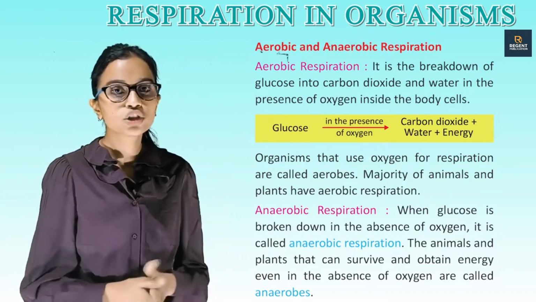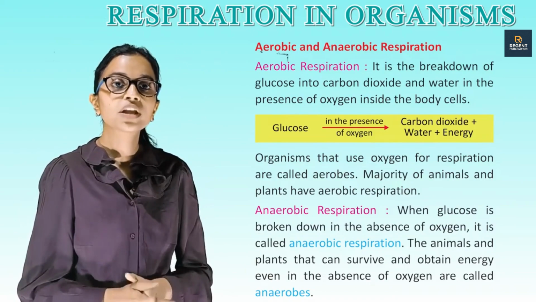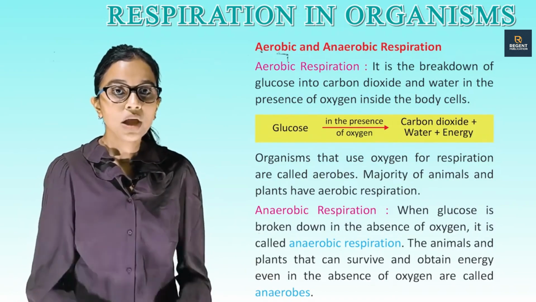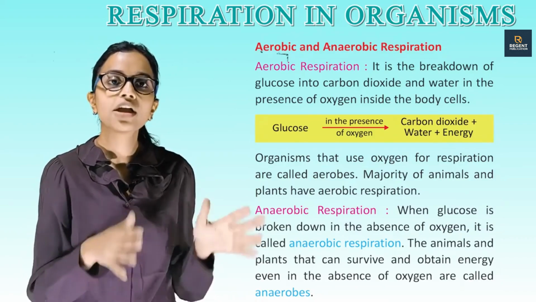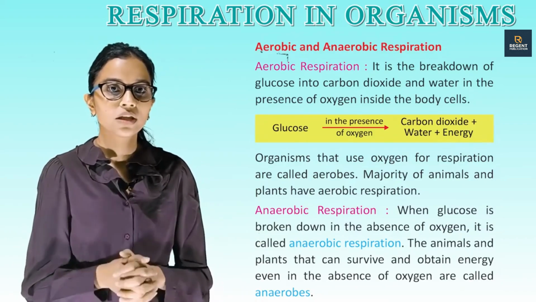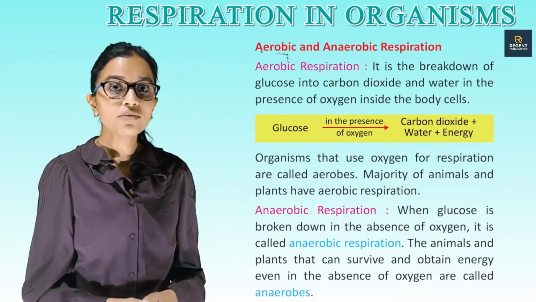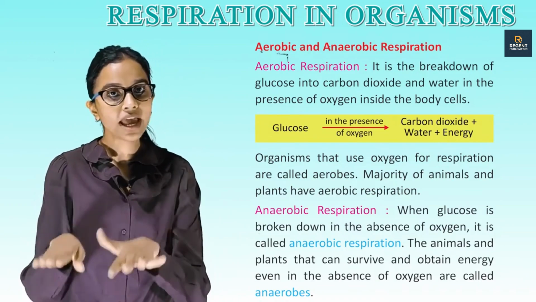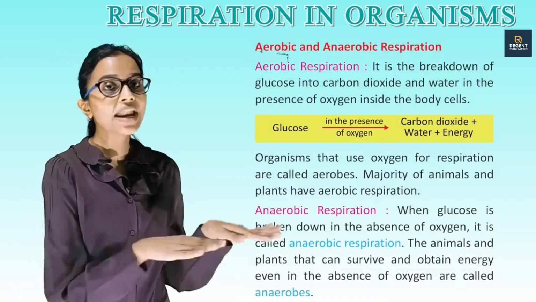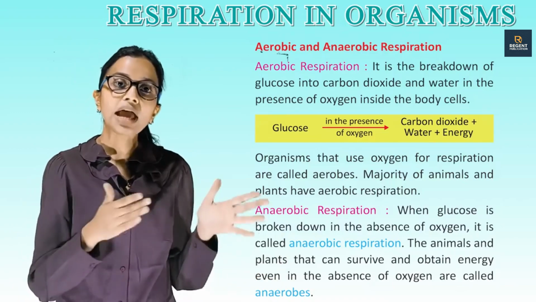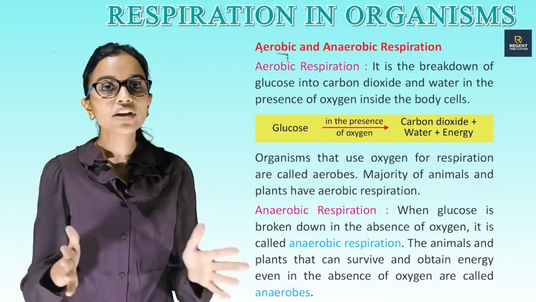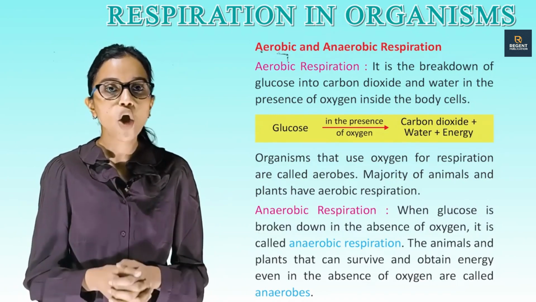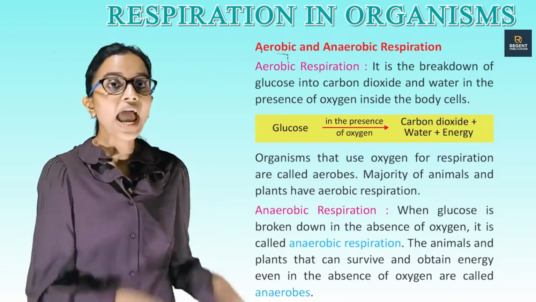Organisms that use oxygen for respiration are called aerobes. The majority of animals and plants have aerobic respiration. Anaerobic respiration: when glucose is broken down in the absence of oxygen, it is called anaerobic respiration. The animals and plants that can survive and obtain energy even in the absence of oxygen are called anaerobes.